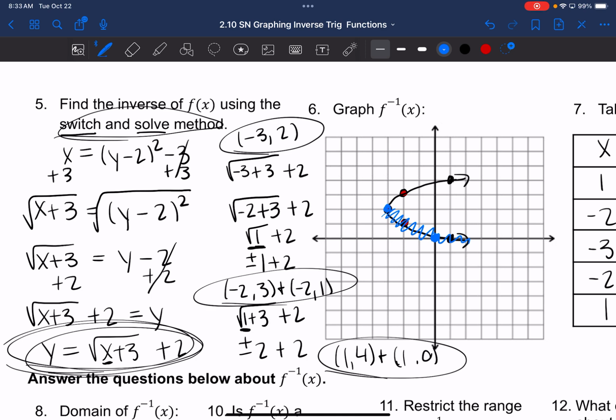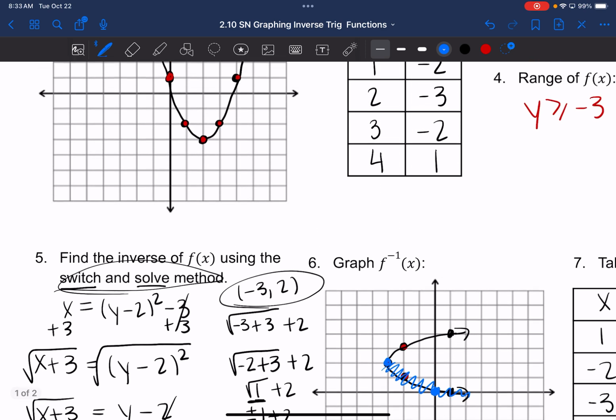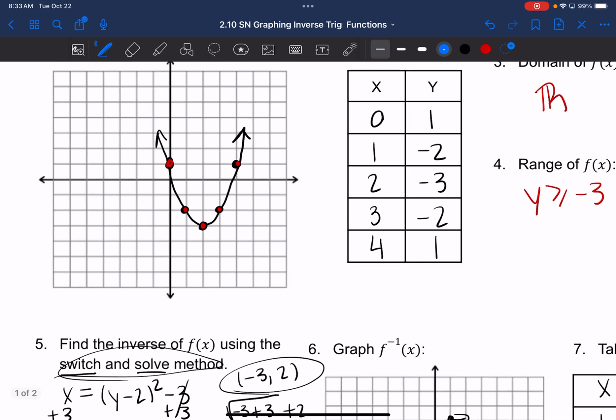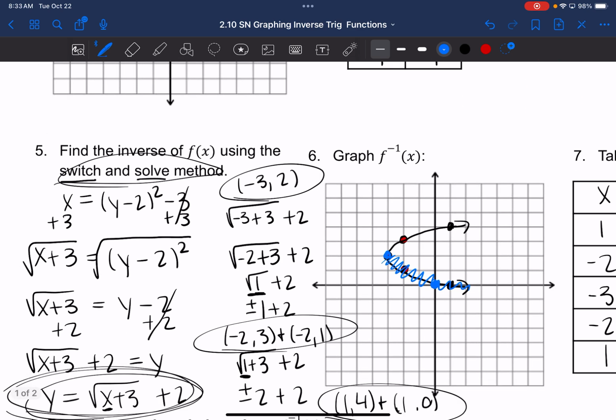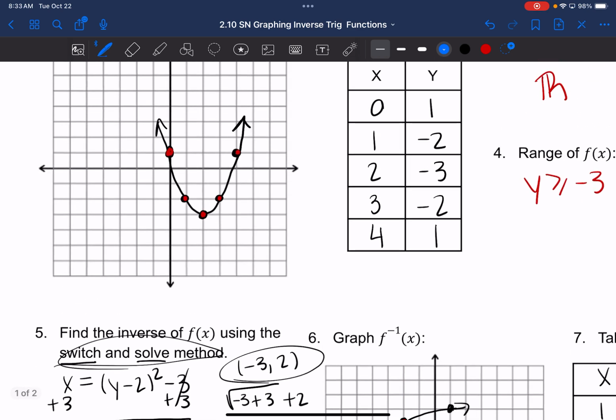Okay. Well, since I switched my x and y's, what part of the original function would I have been getting rid of then? Which side of it? So the one on the bottom here, which part of this picture would that be equivalent to? The left side, right.